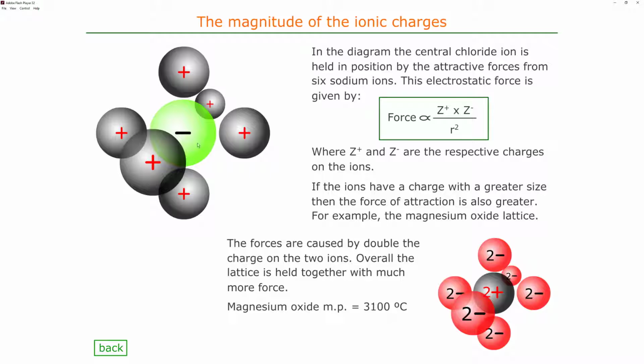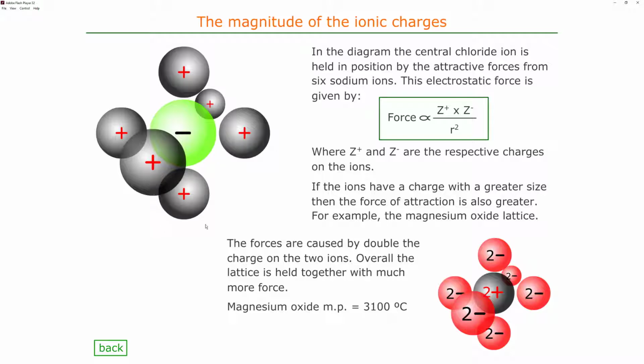So if we replace our sodium chloride by magnesium oxide, we've now got 2 plus times 2 minus in our equation, and so the numerator of the equation becomes 4 times larger. And this means the force is 4 times as much force required, and so correspondingly the melting point of magnesium oxide is 3100 degrees. Very, very hot indeed.